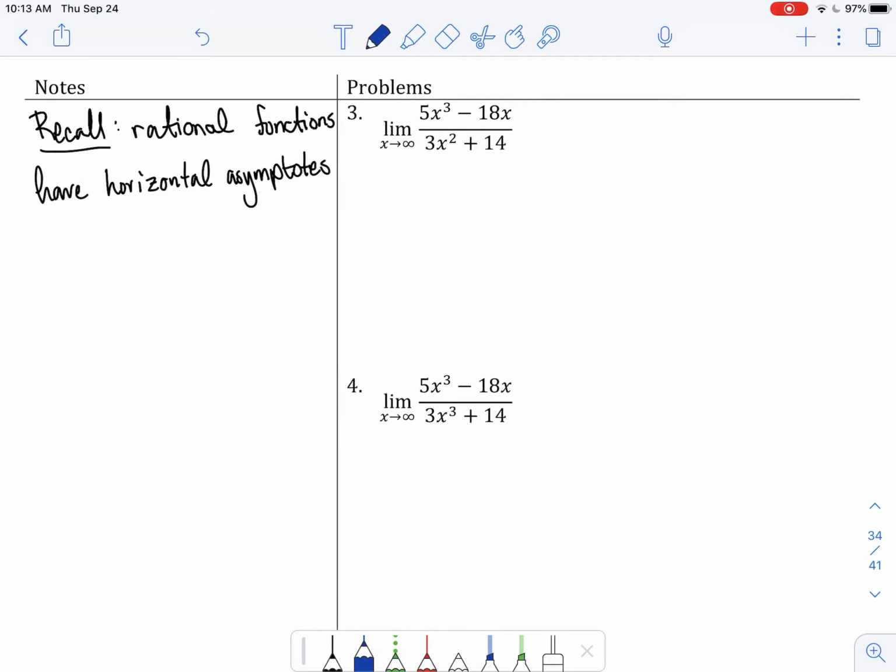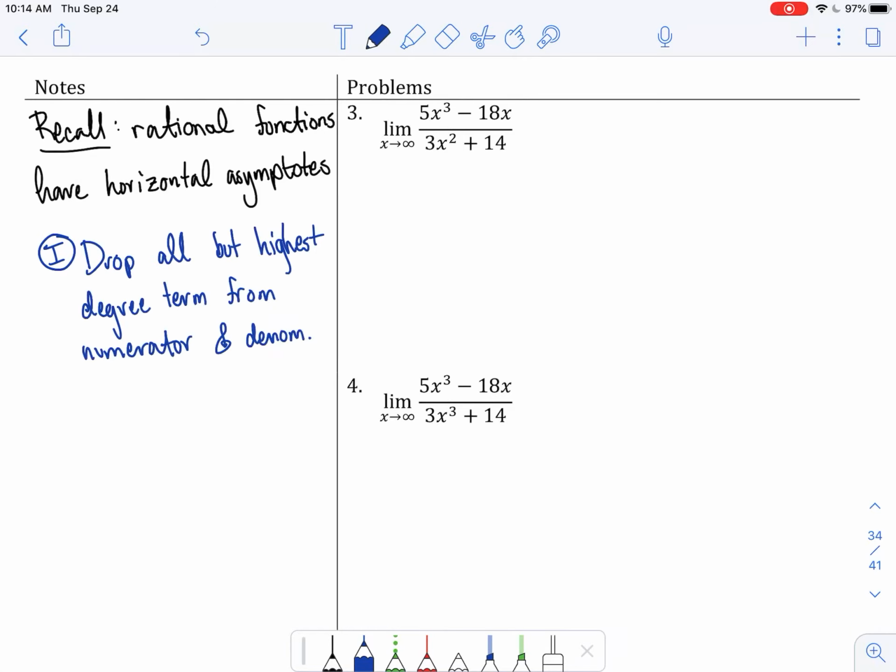So the first step of finding your horizontal asymptote is to drop all but the highest degree term from the numerator and denominator. So what you want to end up with is just one term in the numerator and one in the denominator. Now, before we get started, always make sure that you're actually approaching infinity, because horizontal asymptotes only affect positive and negative infinity.